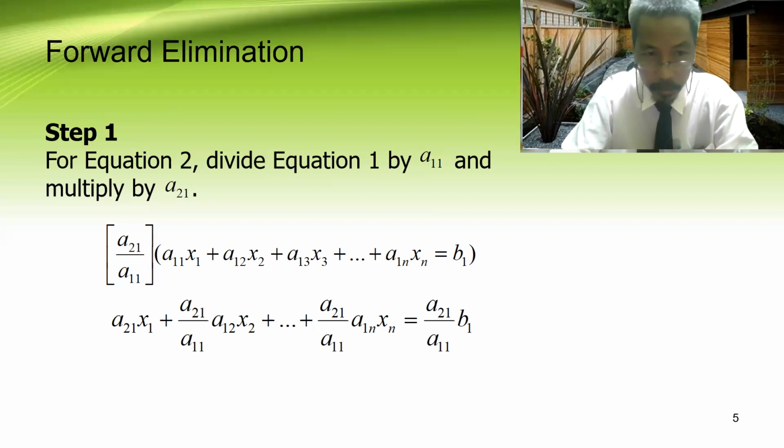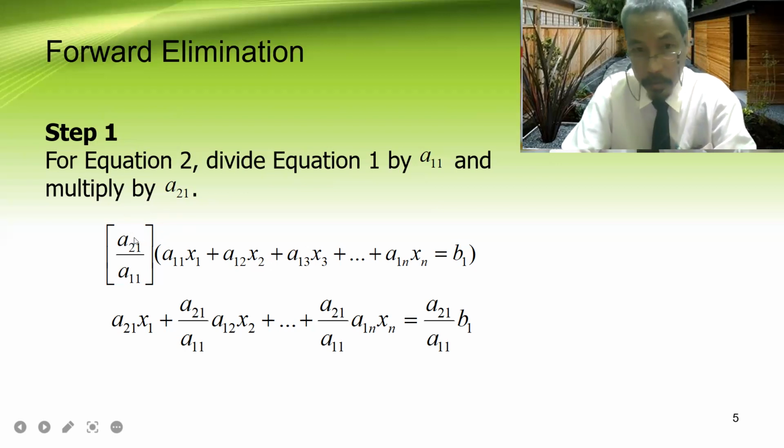So first row, first column. Second row, first column. So this is a what? Constant coefficient of the first variable of the second equation, because this is second row, first column.